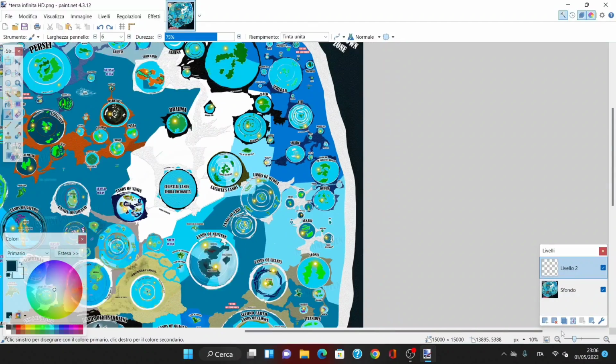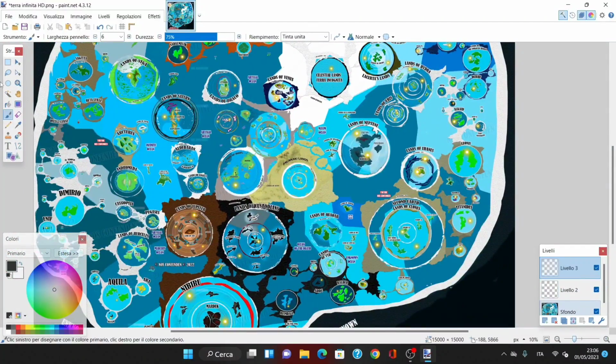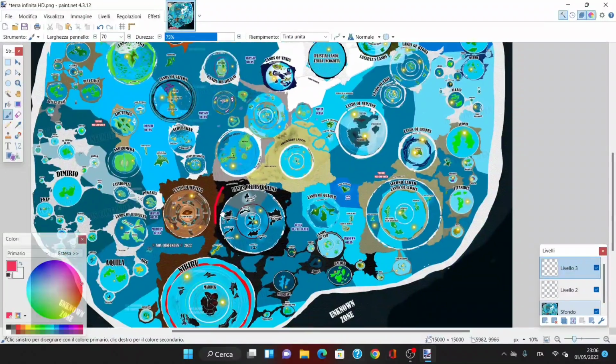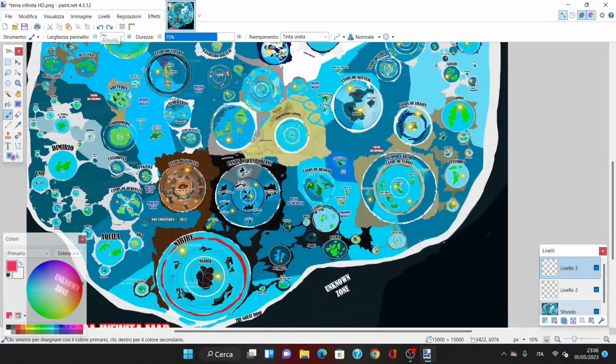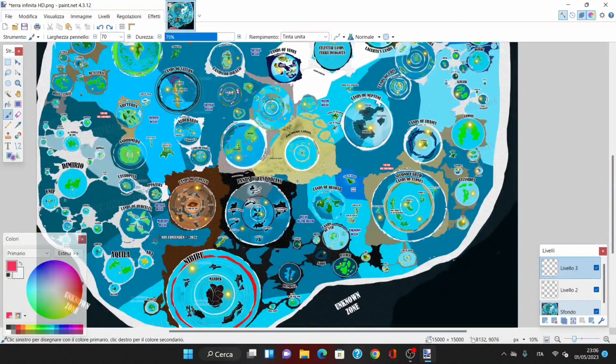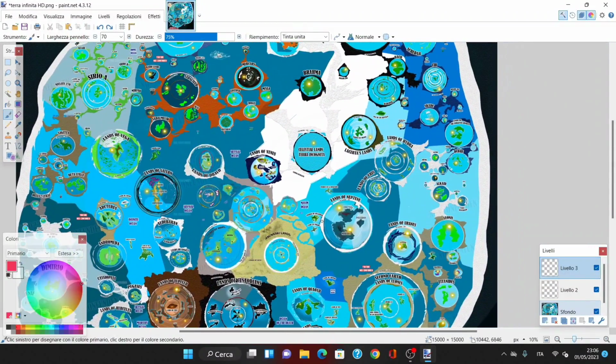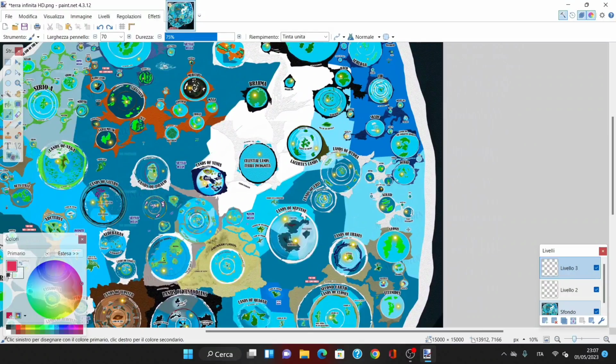With that, it's time to trace once again the red border that divides what we covered and what we didn't cover. Starting from what we did today, we have the entirety of the constellation of Hydra.